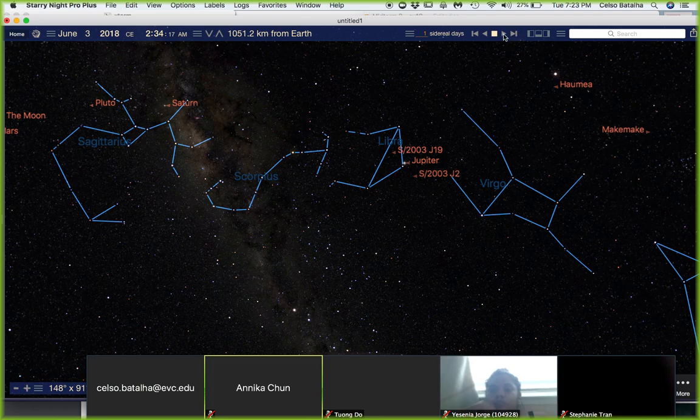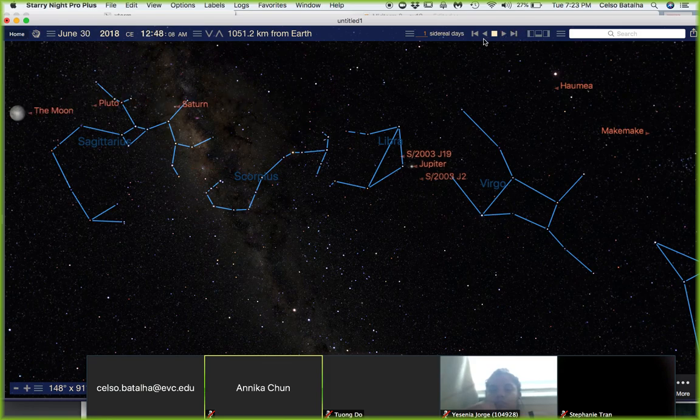Okay. Now, if you keep doing that, look at what happened with Jupiter here. Jupiter every day is going a little bit to the west with respect to the stars. And there comes the moon again. Yeah, the moon is coming again in its path from west to east.